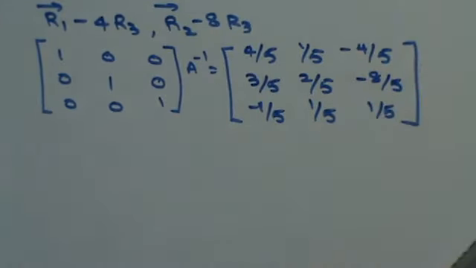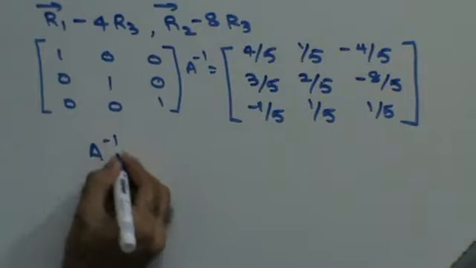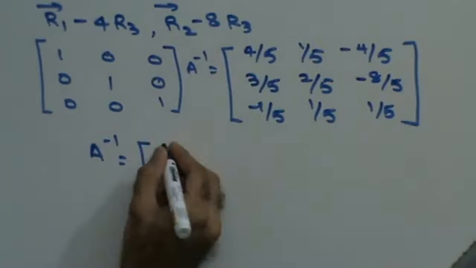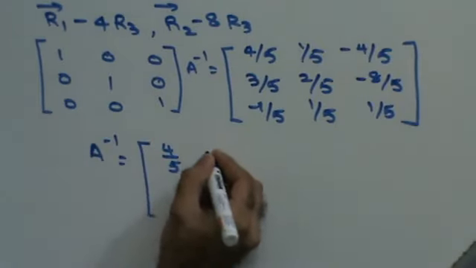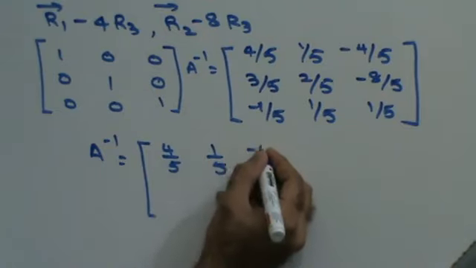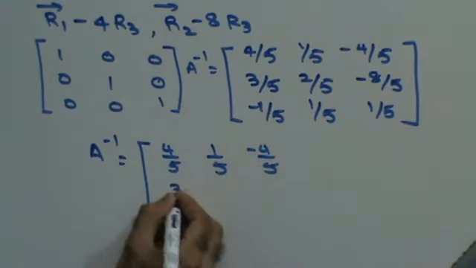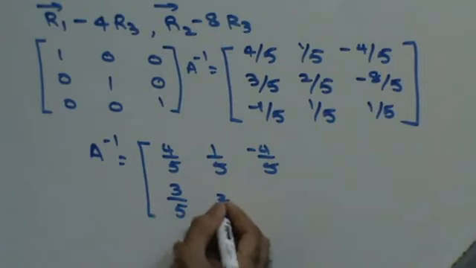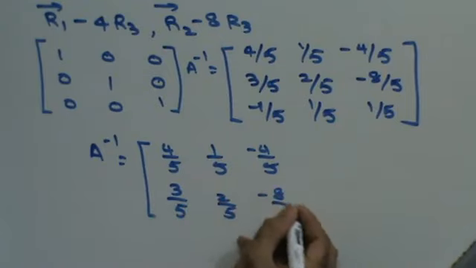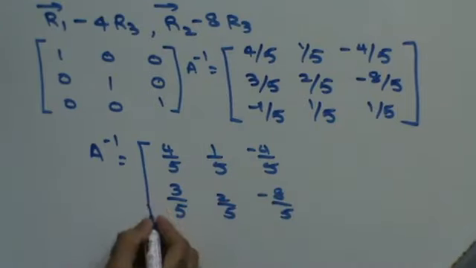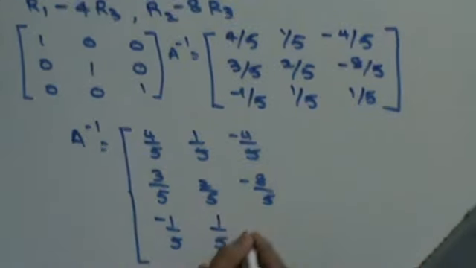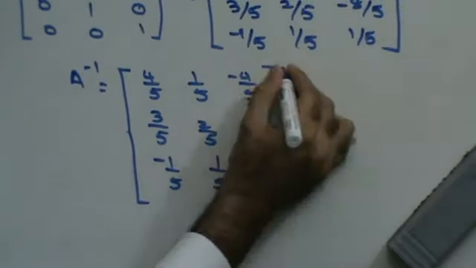Right? Now, I could either take 5 common from the whole thing or I could leave it as it is. I can say that A inverse is nothing but 4 by 5, 1 by 5, minus 4 by 5, 3 by 5, 2 by 5, minus 8 by 5, minus 1 by 5, 1 by 5 and 1 by 5.